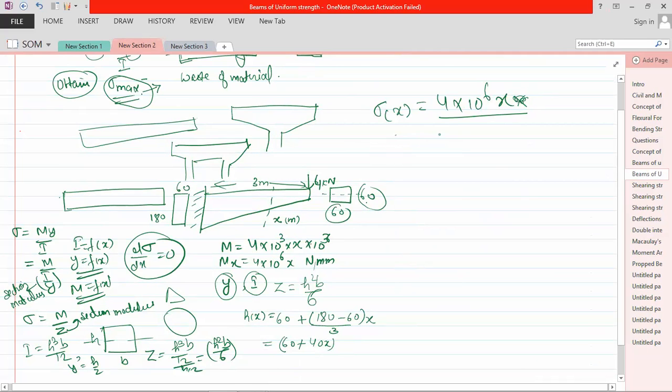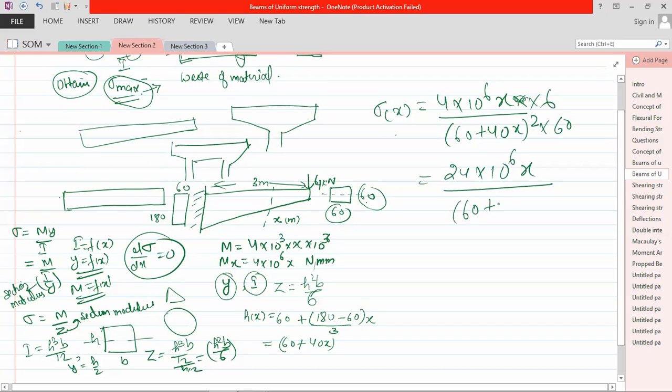Divided by Z. Z is h square b by 6, and h is 60 plus 40x whole square into 60 divided by 6. So the 6 will go. So it is 24 into 10 raised to the power 6 x upon 60 plus 40x whole square into 60. So you can see that the bending stress obtained is a function of x.